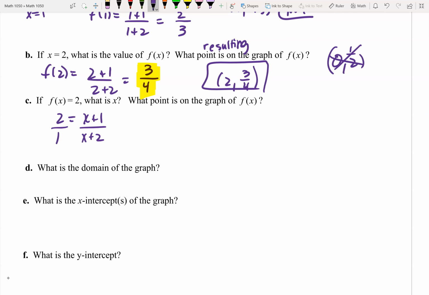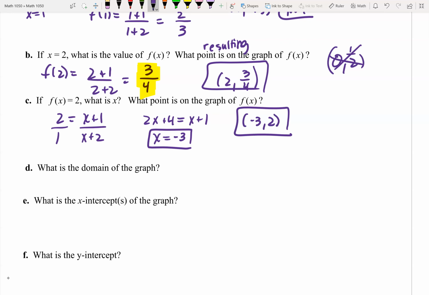Put a 1 underneath the 2, cross multiply and distribute, and you get 2x plus 4 equals x plus 1. Pull the 1 over, pull the x over, it becomes a negative. So 2x minus 1x is x. Pull the 4 over to the right and it becomes a negative, and you get x equals -3. Read the question. What is the resulting point? Well, the resulting point is when x is -3, then y is 2, like that.